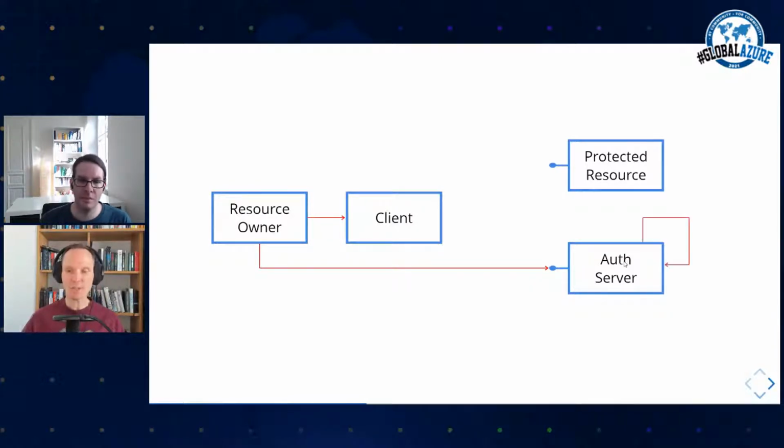Now, on the authorization server, this little dance happens where you enter a username and a password and maybe some multi-factor authentication, maybe some biometry or things like that. And at one point in this flow, the authorization server has enough information and enough proof to be sure that the resource owner is who she claims to be.